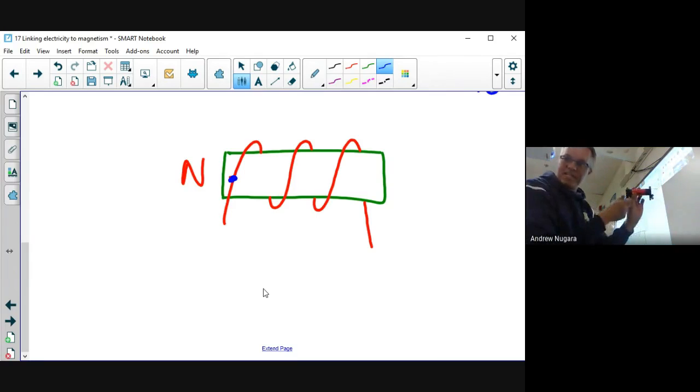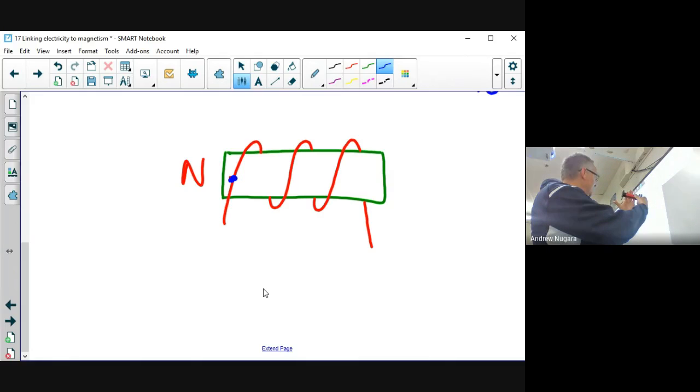Here's your solenoid right here. The north end of the magnetic field is to the left, so I'm going to point my thumb to the left. That's the direction of the magnetic field, and my fingers are curling up and behind. So when the electrons are behind the solenoid there, they're going up.